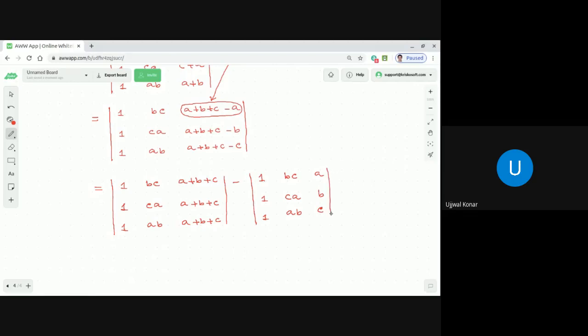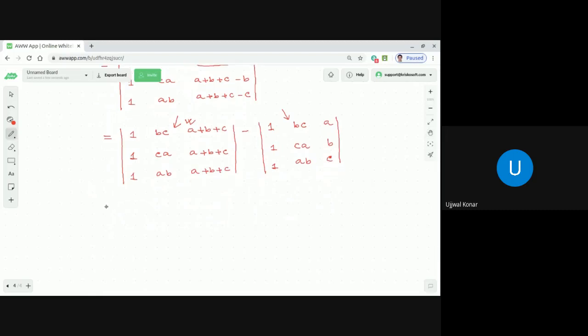Correct, dear students? Now what happened is that in the right hand side there are two determinants, this and this. Now this determinant is actually 0. Why? Because you can take A plus B plus C common from the third column. After that, you are left with the third column as 1, 1, 1.